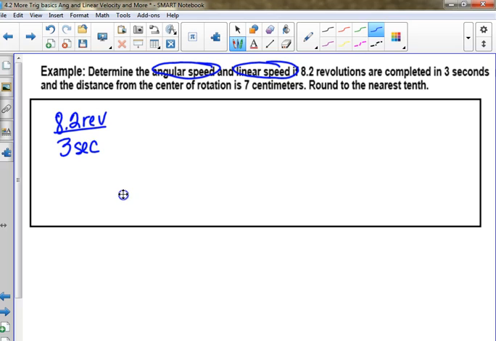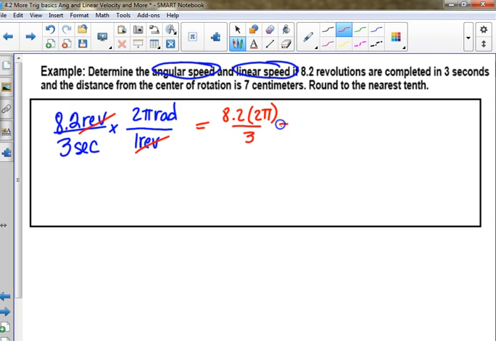What does angular always have to be in? Radians. So we need to change revolutions to radians. What do we know? 1 revolution is 2 pi radians. Again, I'm just using dimensional analysis to get rid of revolutions. And I'm going to type 8.2 times 2 pi divided by 3 when I type it in so that I get radians per second. Calculator.